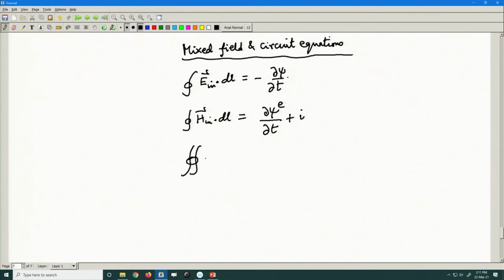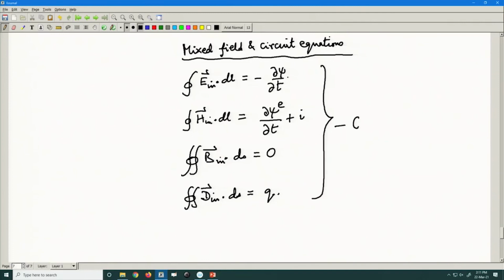Next, very simple, the closed integral of B in dot ds is 0, and the closed integral of D in dot ds is Q. We call these equation number 6.